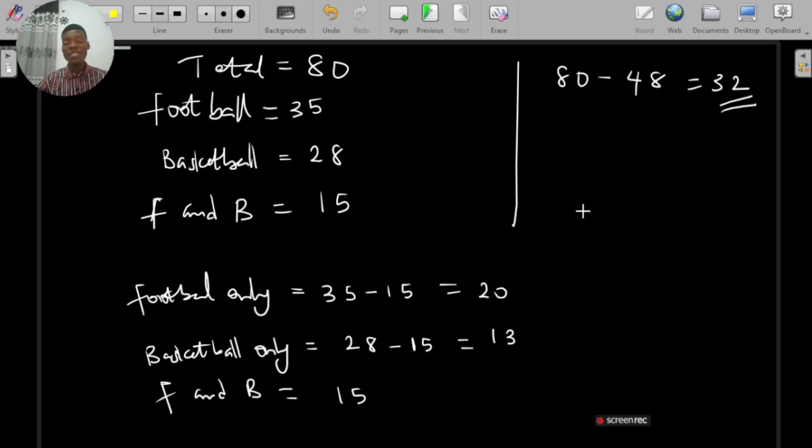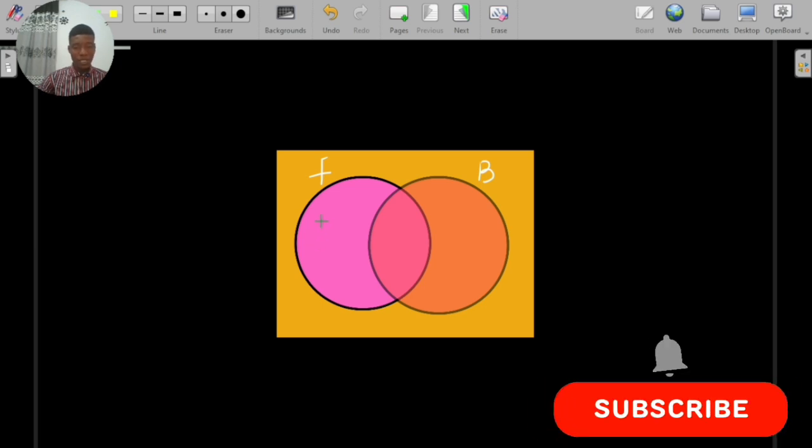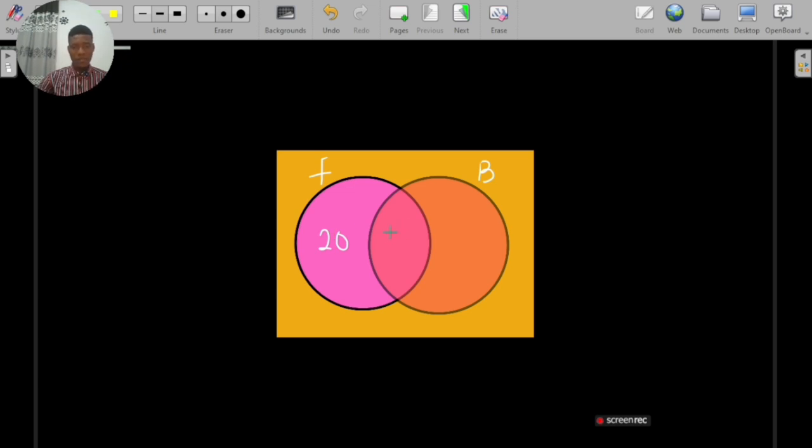So to represent this on the Venn diagram, you can let F represent footballers, while B represents basketballers. Then from our calculations, 20 play football only and 15 play both, while 13 play basketball only.